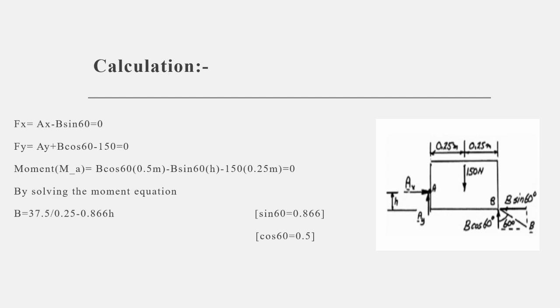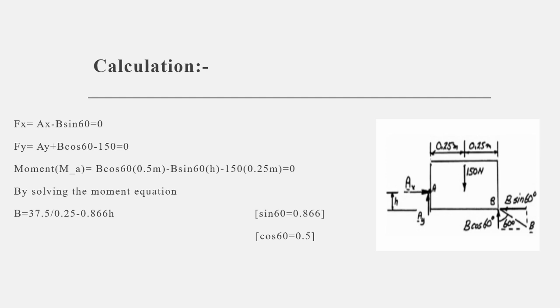Then B cos 60 has a distance of 0.25 plus 0.25, so 0.5 meters. And B sin 60 will be negative, and it needs the height h as the perpendicular distance, so B sin 60 into h. These are the equations we required.